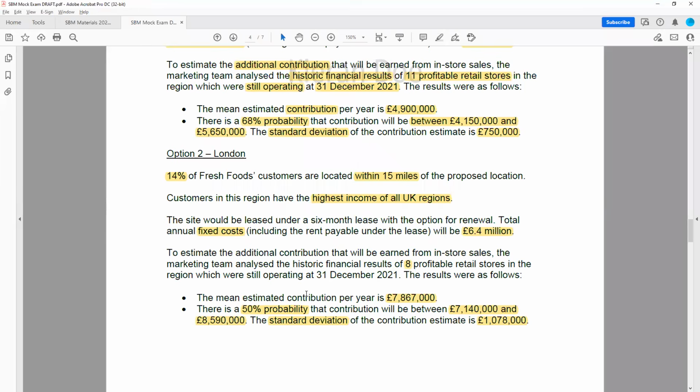Another way we could test this data is to continue to look at the Z-scores. We've got the mean contribution, and we're told there's a 50% probability of it being between these two. So if it follows normal distribution, what would be the probability of contribution being between this and this? We can see clearly the first one is below the mean.